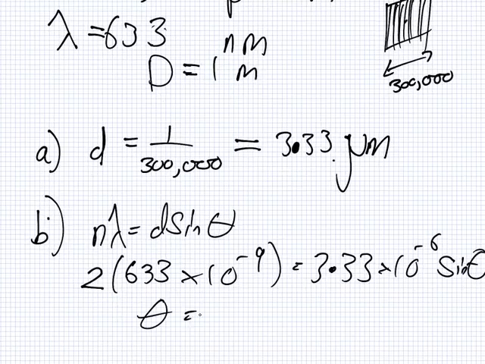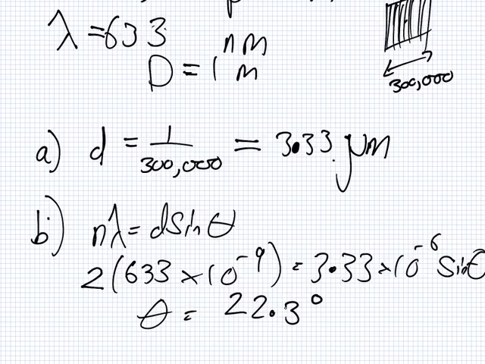So theta equals... n equals 2. It said in the question the second order. So theta is 22.3 degrees.